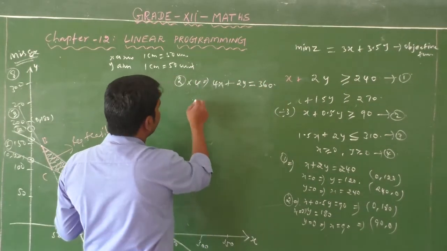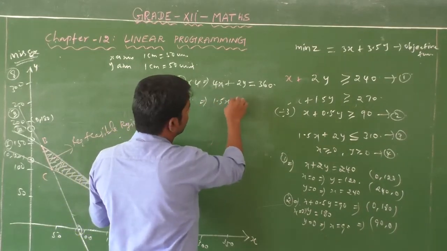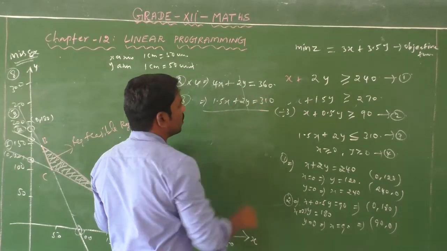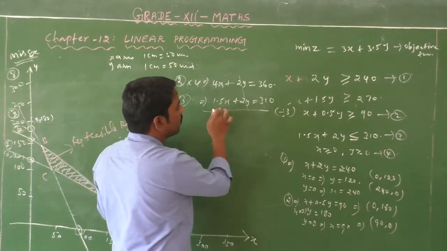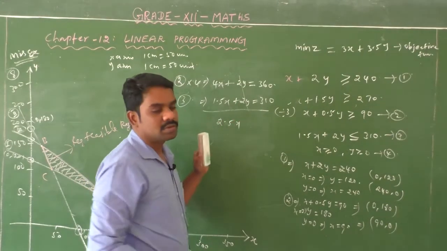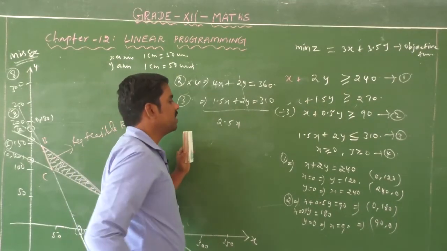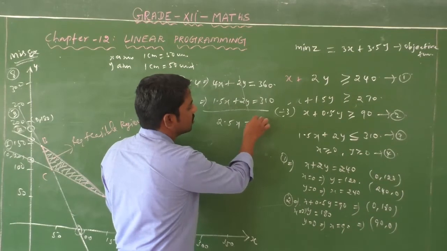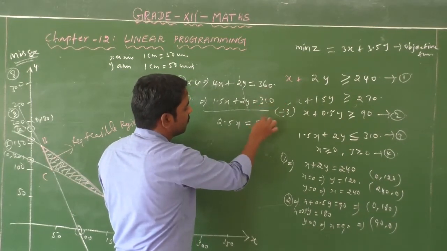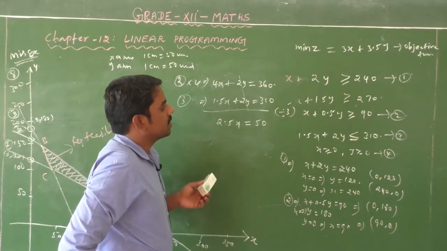And equation number 3 is 1.5x plus 2y equal to 310. The 2y cancels. 4x minus 1.5x is equal to 2.5x. 360 minus 310 is 50.